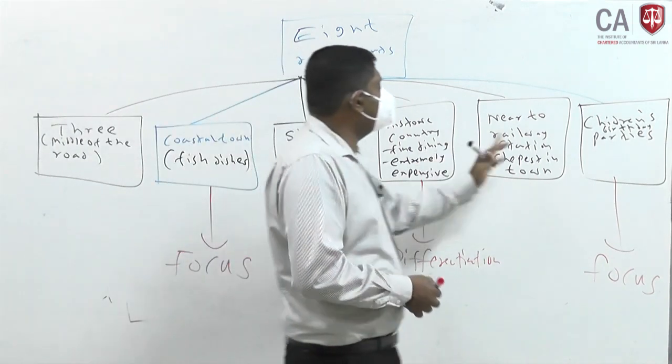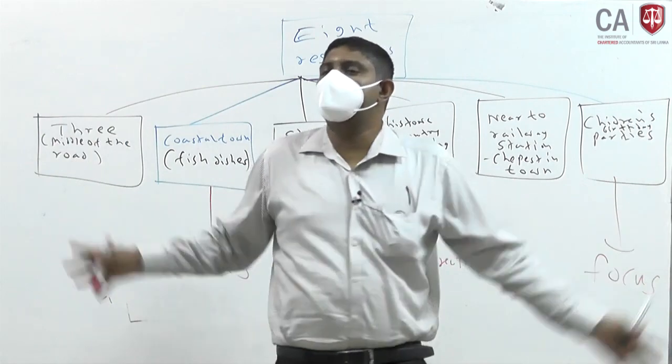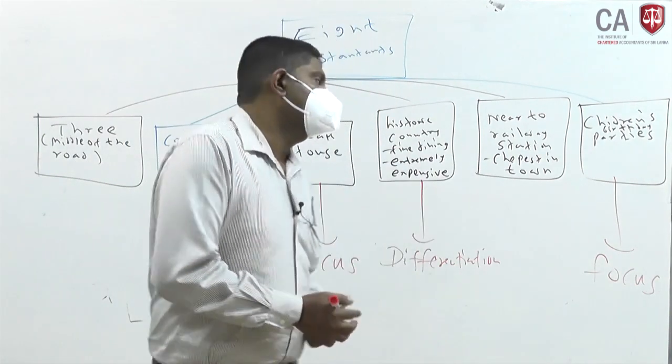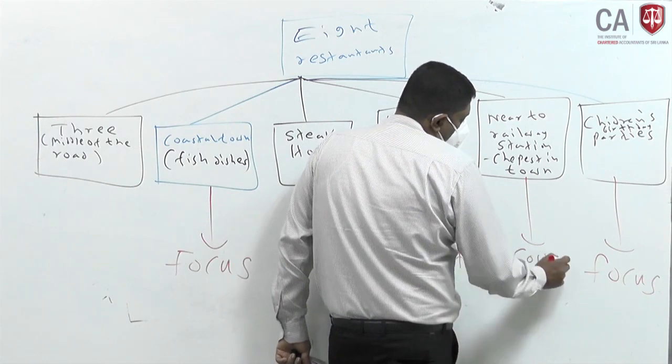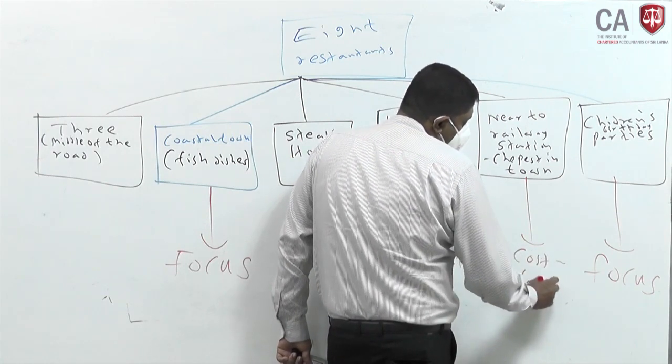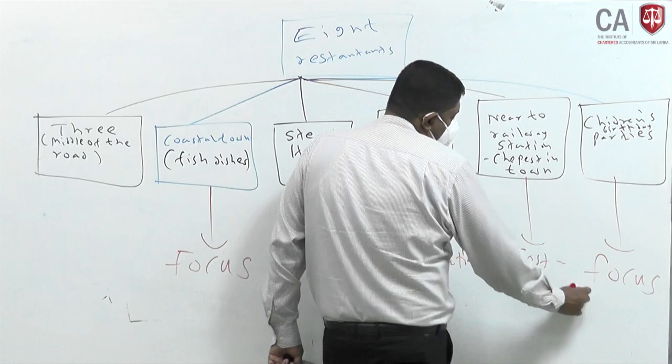Then near the railway stations, they are the cheapest in the town. So what is the strategy they apply? Cost leadership strategy.